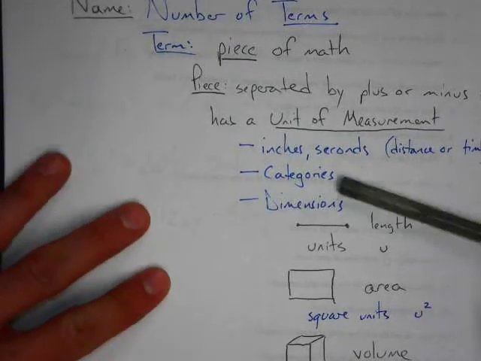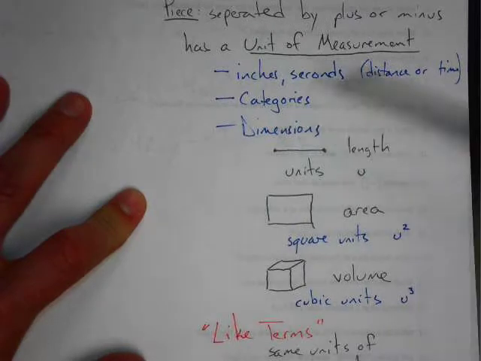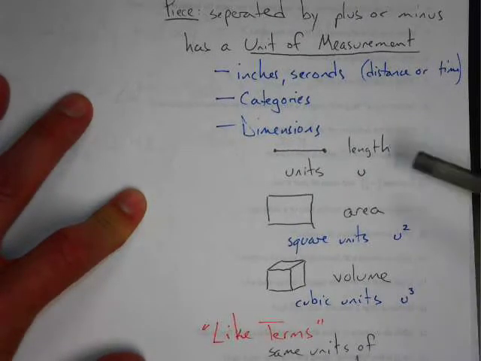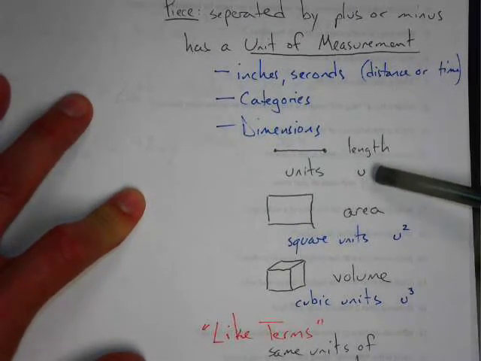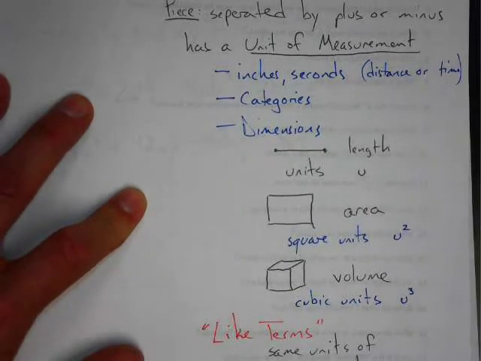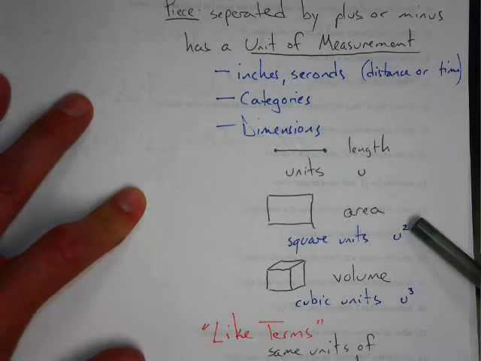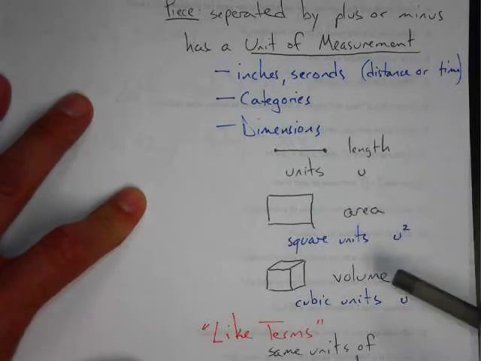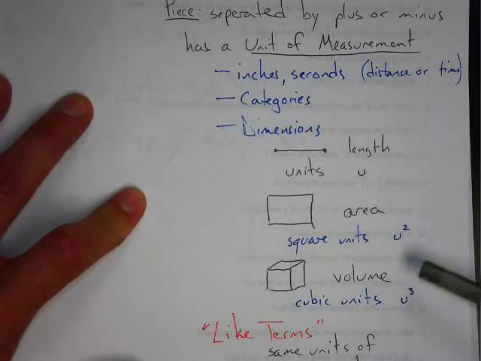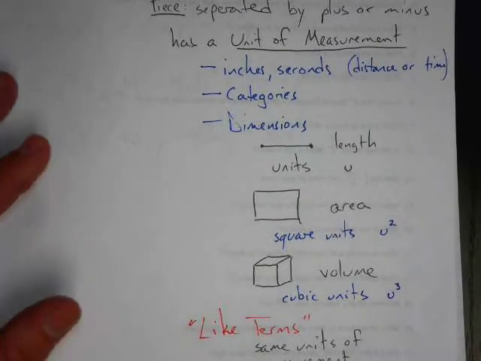We talked about categories, but mostly we talked about dimensions because that's where this picks off. If you remember, we have one dimension, which is length, u to the first power, or any variable to the first power. We have two dimensions, which is area, any variable to the second power, and then a dimension in the third dimension, which is volume, or a unit to the third power, and that's cubic units.